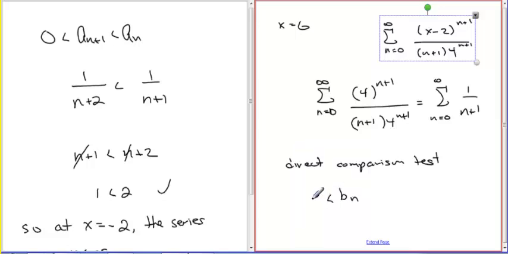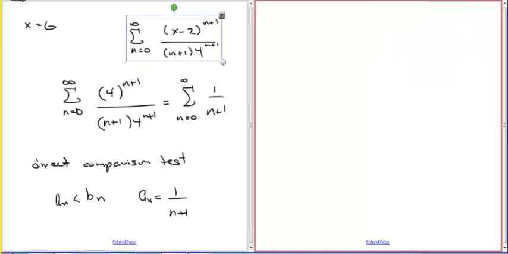In this case, a sub n is 1 over n plus 1, so we'd let b sub n equal just 1 over n. Because you have this added 1 in the denominator, a sub n is always going to be less than b sub n. So this choice of b sub n satisfies the requirement.